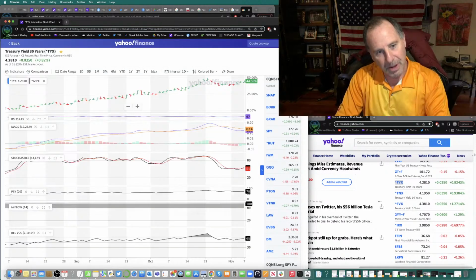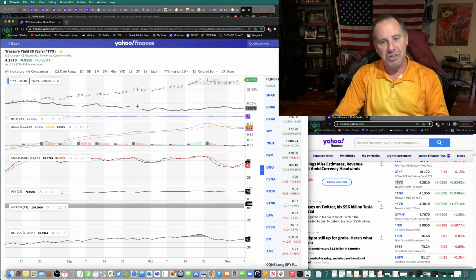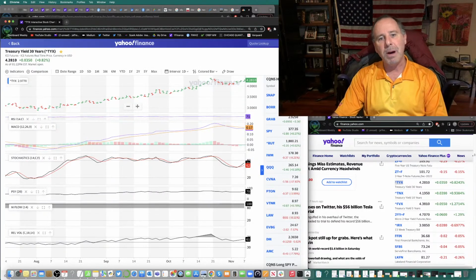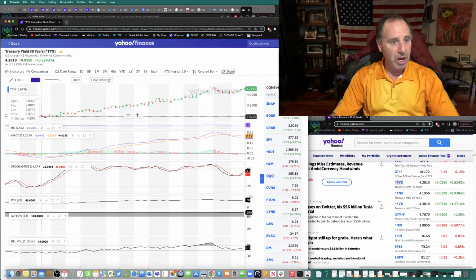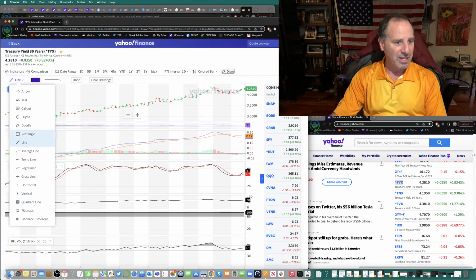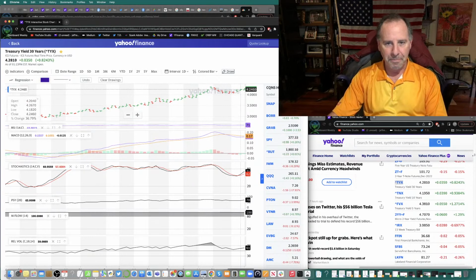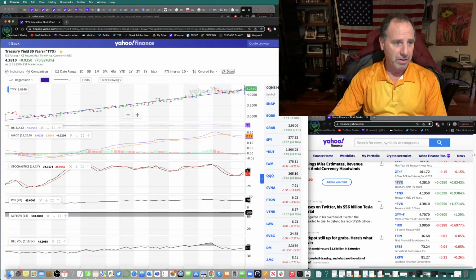Look at the trend. Trend is definitely your friend: rising interest rates. By the way, the Fed says, I'm going to raise interest rates. I'm going to fight inflation. And so if I were to draw a line, and I'm not a smart guy, let's do a regression line. I heard there's this thing called a regression. Let's try it. This is on the 30-year yield.